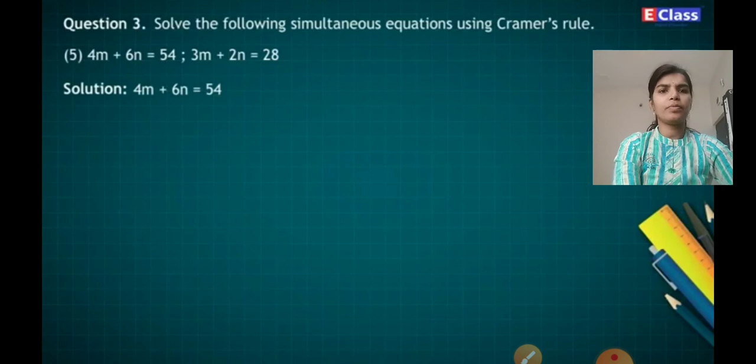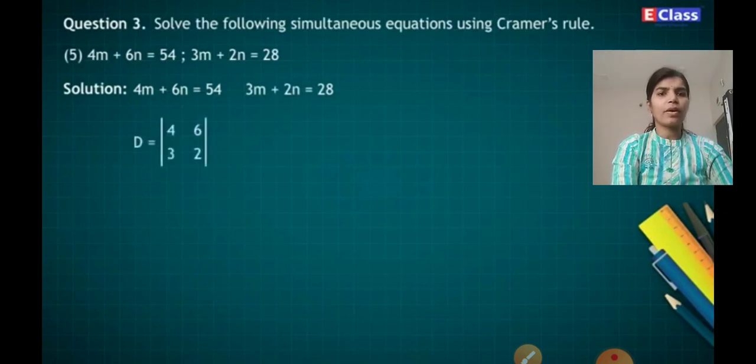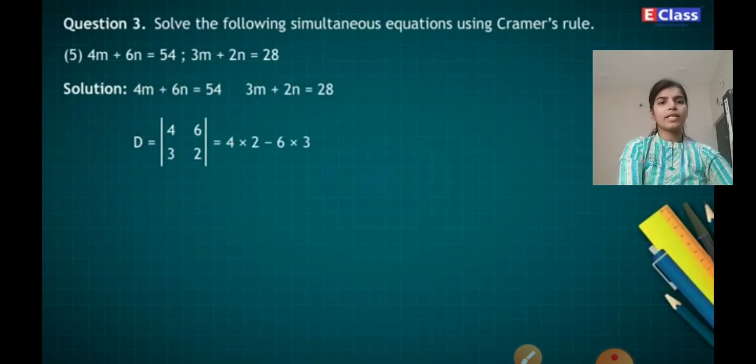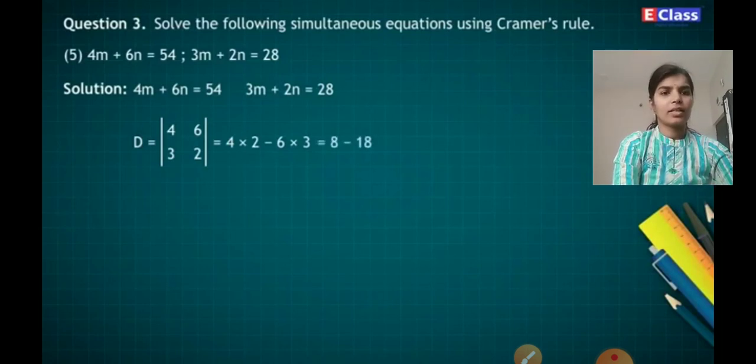So 4m plus 3n is equal to 54, and the second equation is 6m plus 2n is equal to 28. Then we find D. a1, a2, b1, b2: so 4, 6, 3, 2. Then cross multiply: 4 twos are 8 minus 6 into 3. So 8 minus 18. That means the value of D is minus 10.